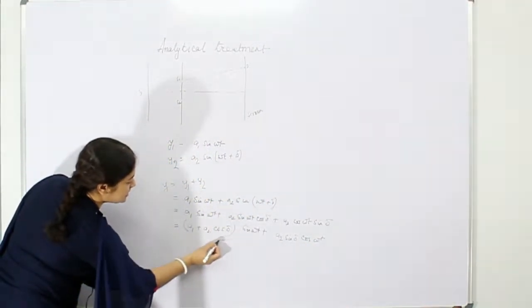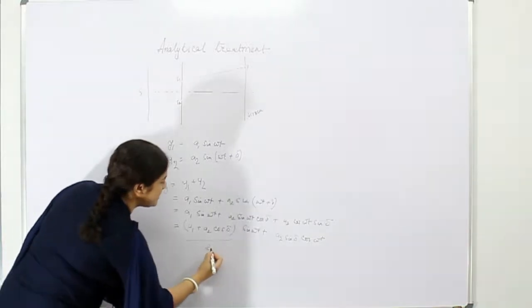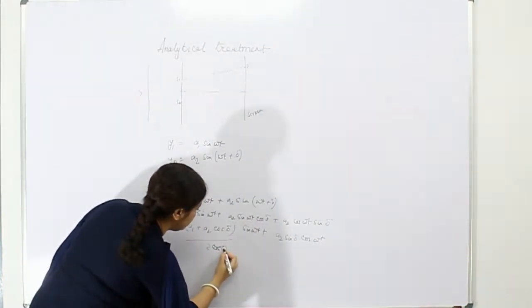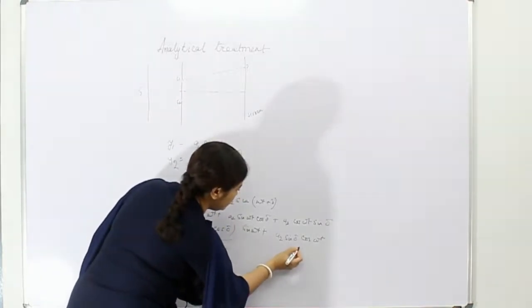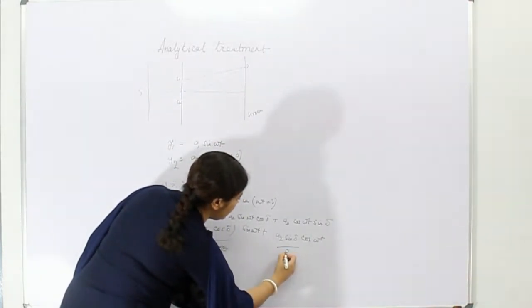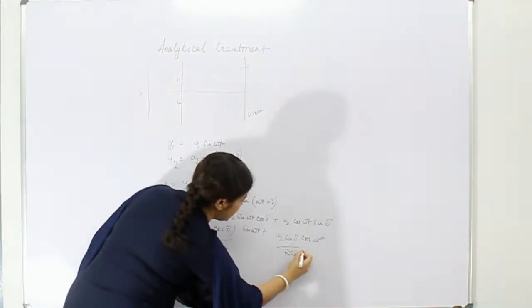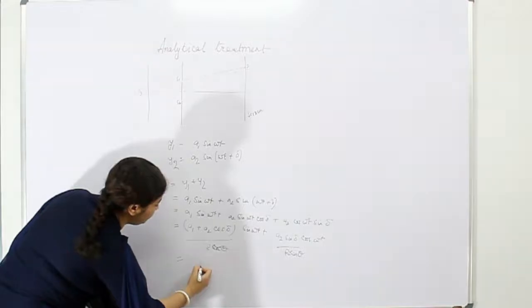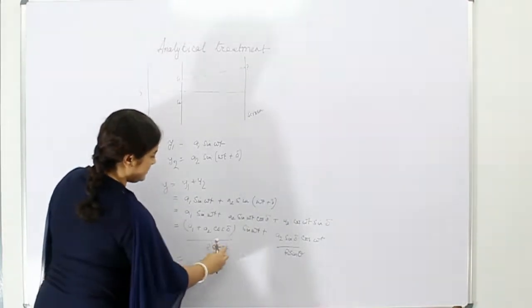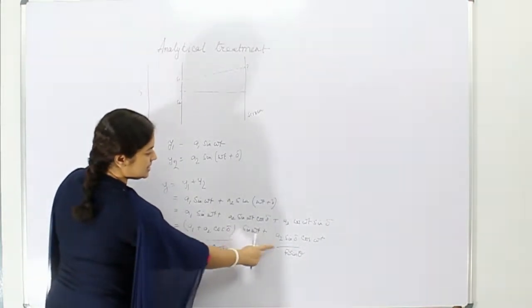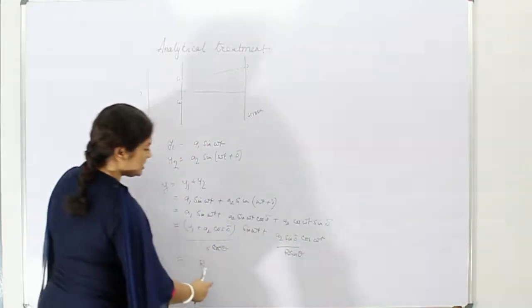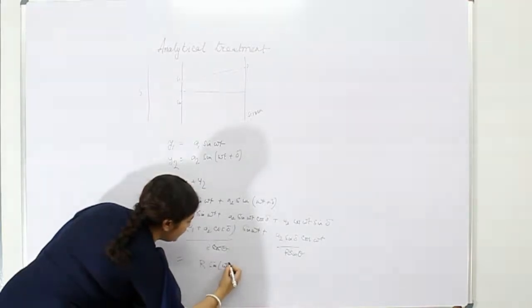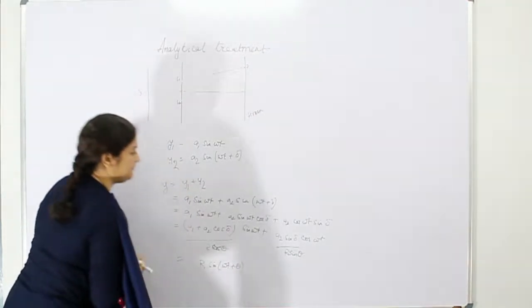If we consider this part to be equal to r cos theta and this part equal to r sin theta, we can get r sin omega t cos theta plus r sin theta cos omega t, which is equal to r sin of (omega t plus theta).